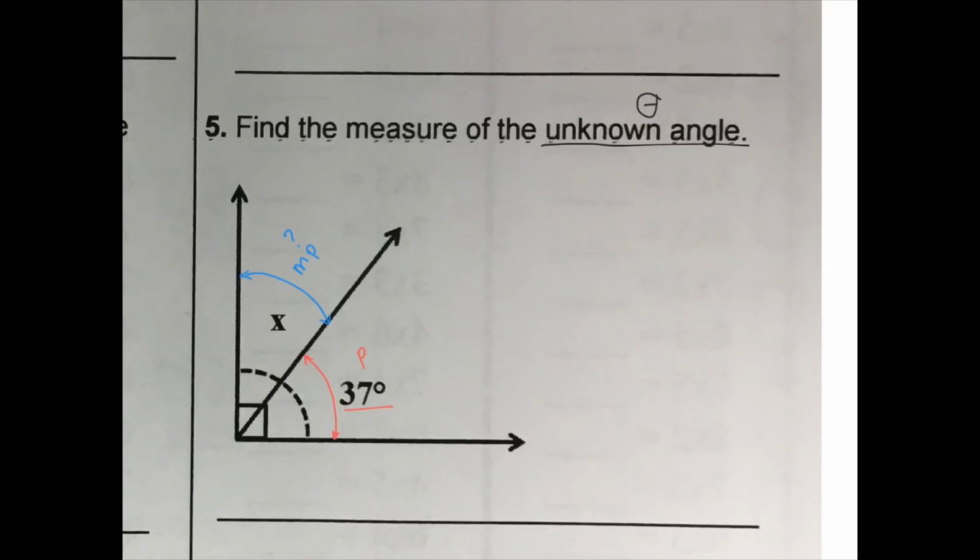I know for subtraction, I need to know total minus part equals missing part. It doesn't look like I know the total, but if I look closely at this green box, I know that box means that from here to here is 90 degrees. It's a right angle. So 90 degrees is actually my total.